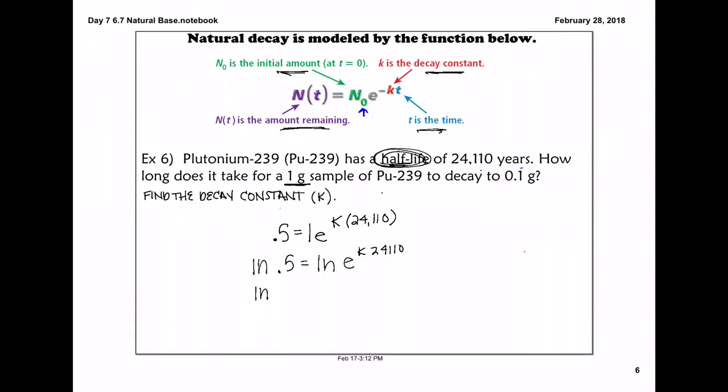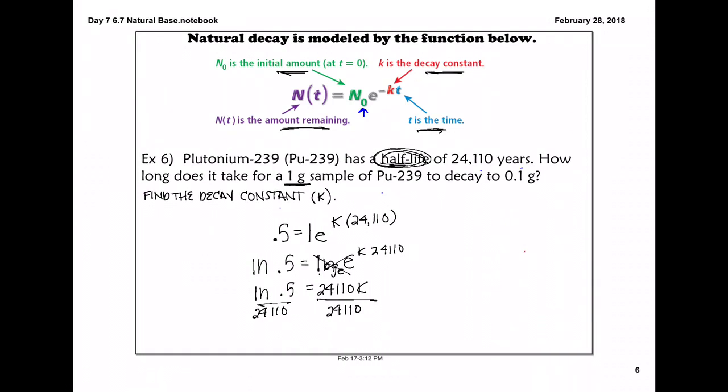So I'm going to leave it natural log on the left because we can easily type that into our calculator. But if I rewrote this as log with a base e, you can see that these would cancel out and we'd be left with 24,110 K. So we divide by 24,110 to get K by itself, which is our decay constant.